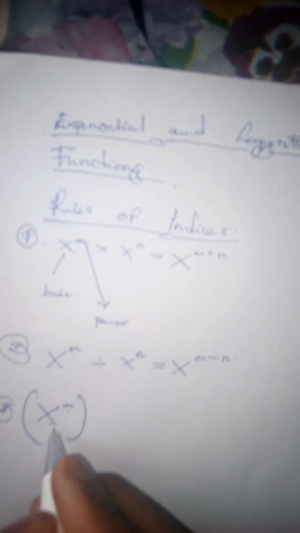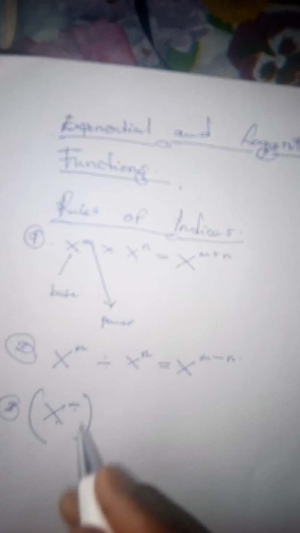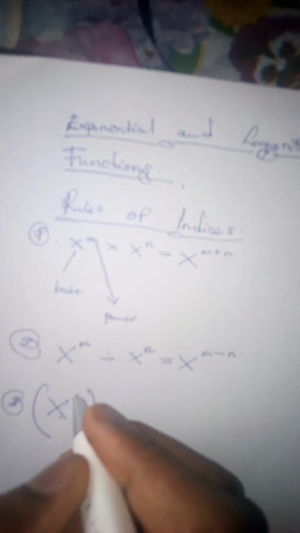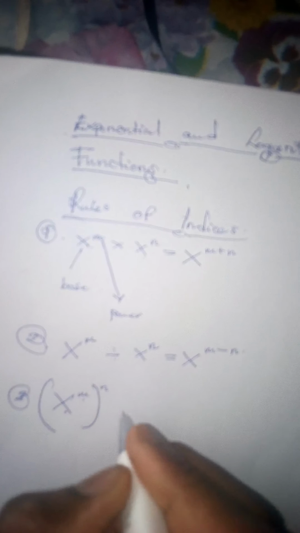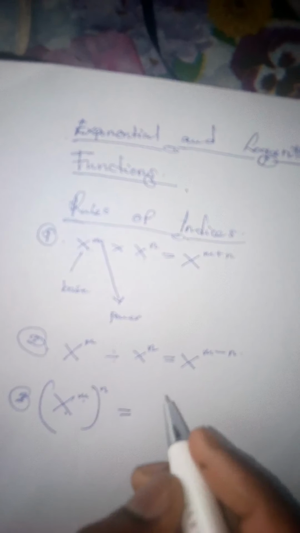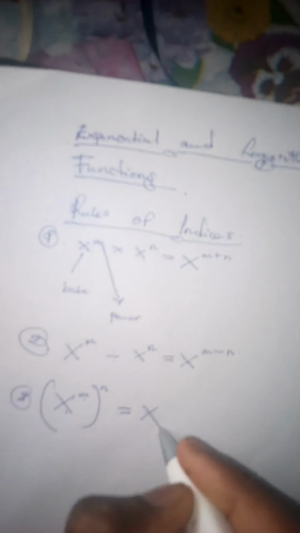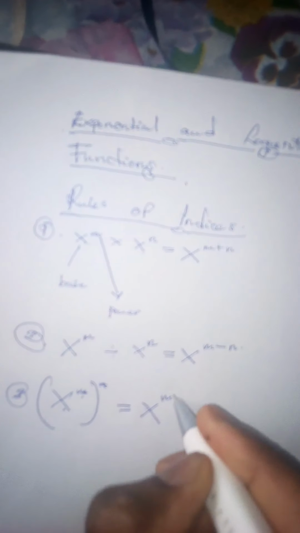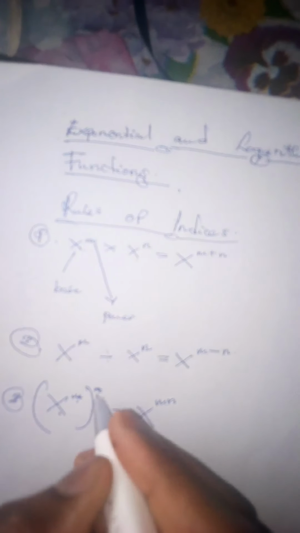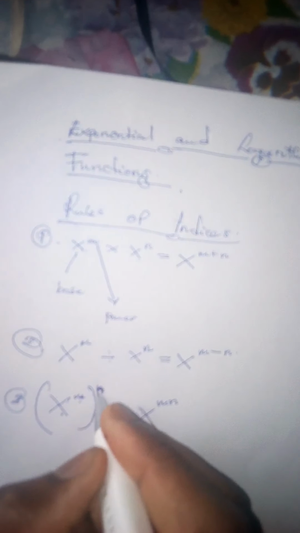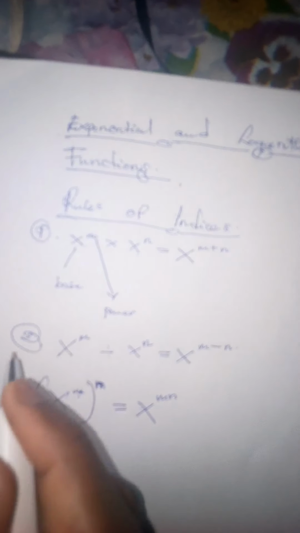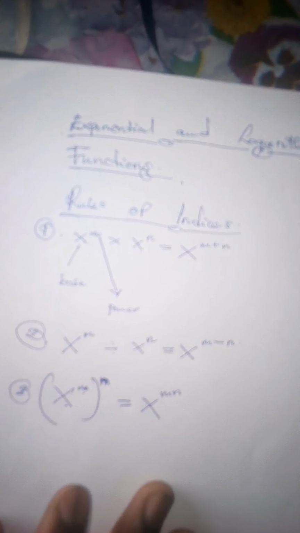So if I have an exponential function, and this exponential function is raised to a certain number, let's put it n, then the answer that we have is x to the power mn. We just multiply the powers. So these are the laws of indices.